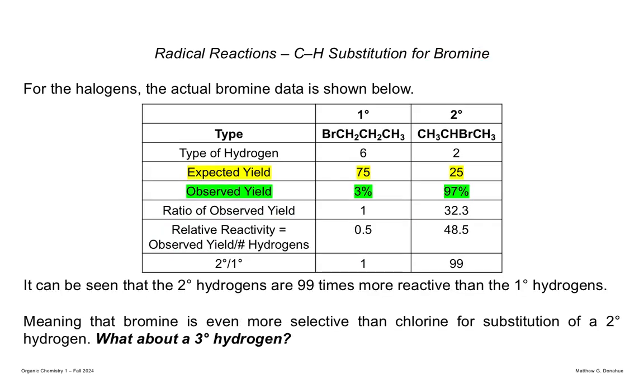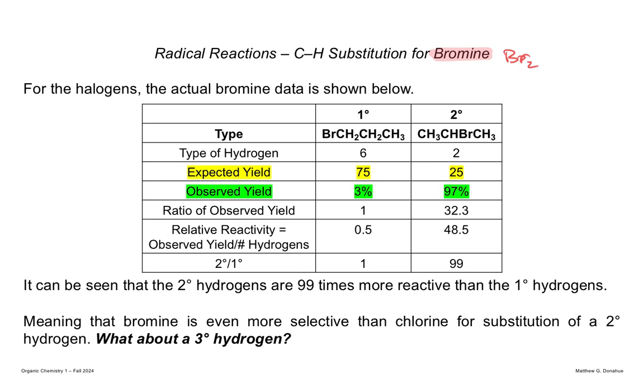So if we do the same analysis with propane, except now we're going to use bromine, so Br2 as the halogenating agent. Notice the observed yields here.